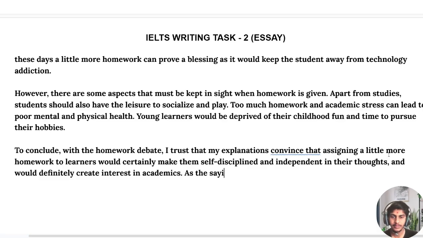As the saying goes, some homework and some play can make Jack a smart boy.